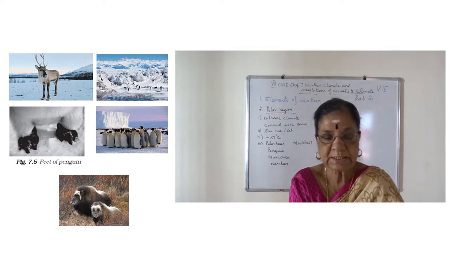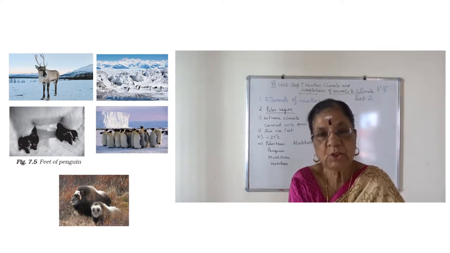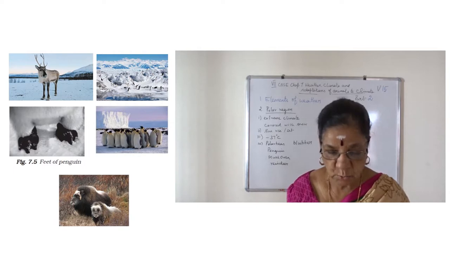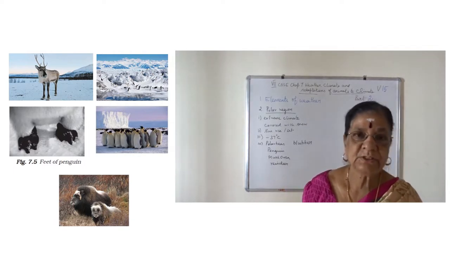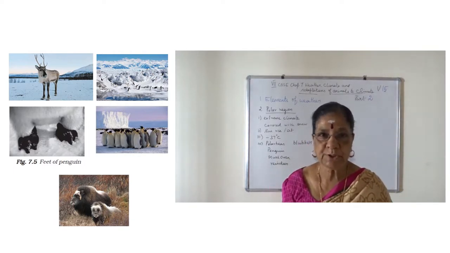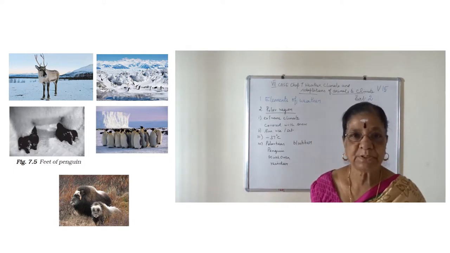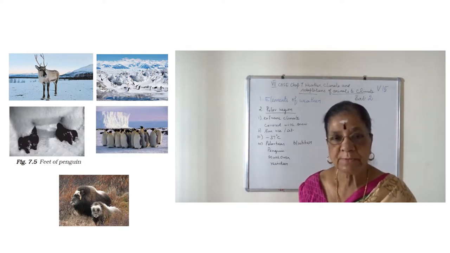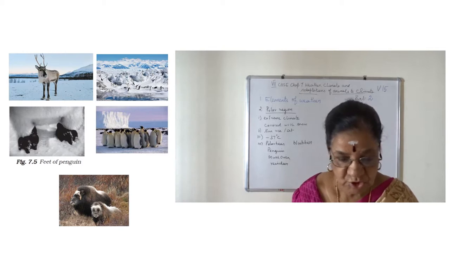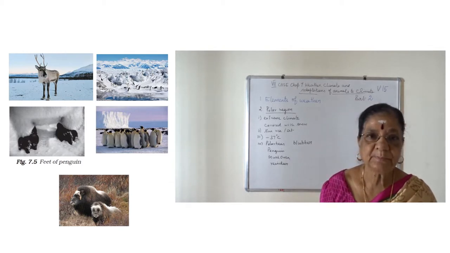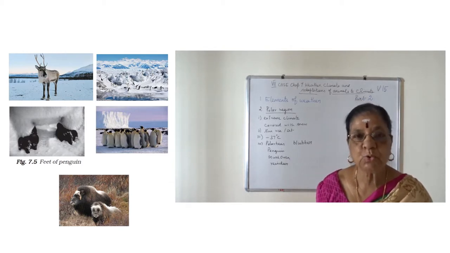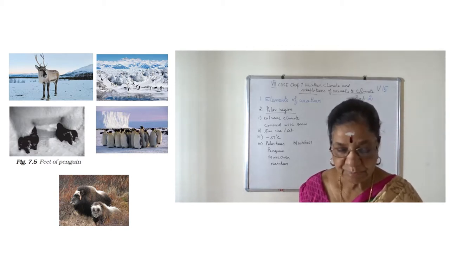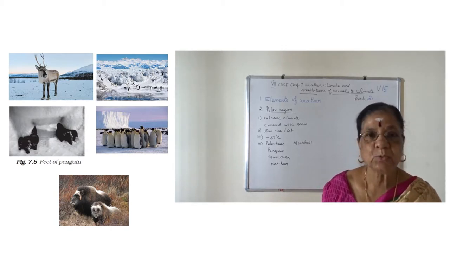I hope you understand. Then they spend a lot of their time inside the water, and they have a streamlined body and flippers. Flippers are modified wings, and they help the penguin to move through water easily. And it can drink seawater.